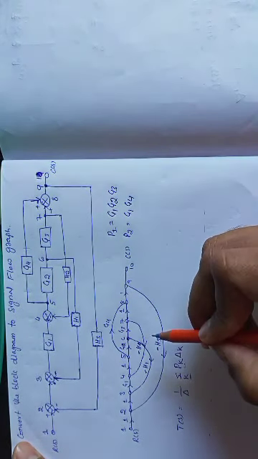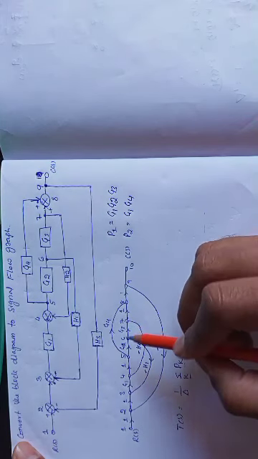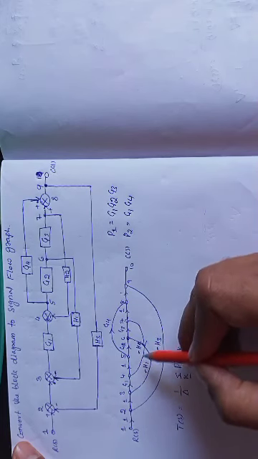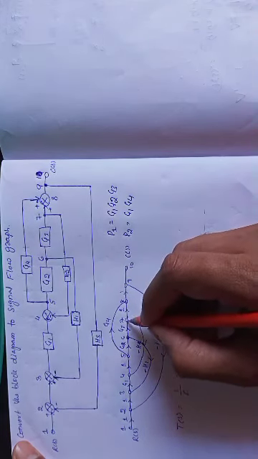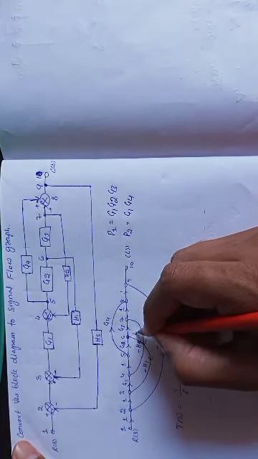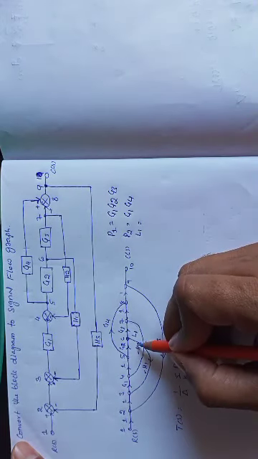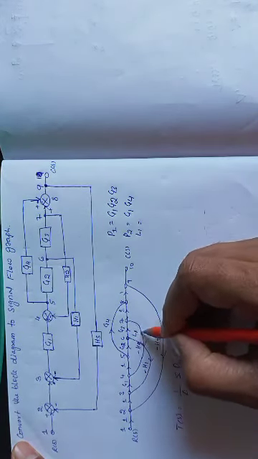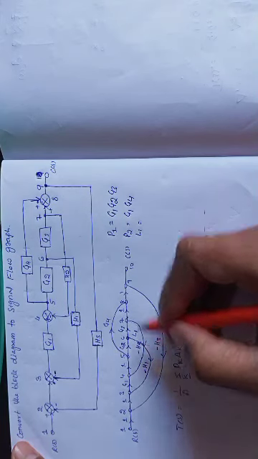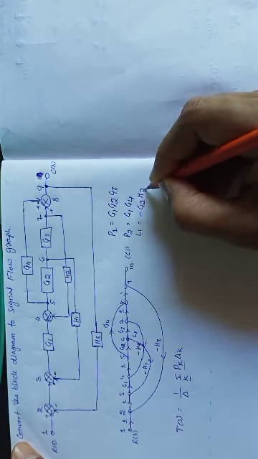Now you have to observe the number of loops. Here this is the first loop that I have given L1. Its loop gain is G2 into minus H2, that is minus G2 into H2.